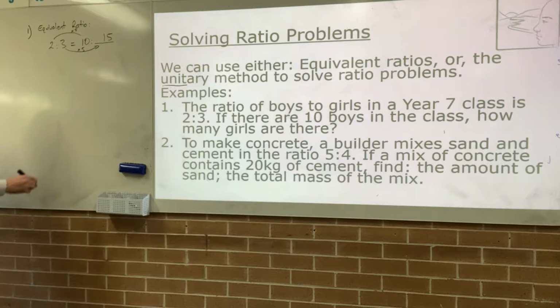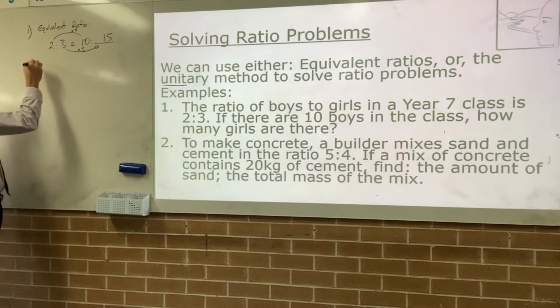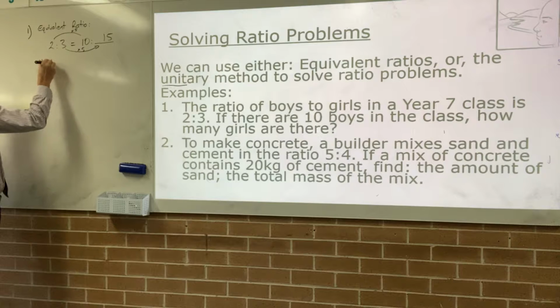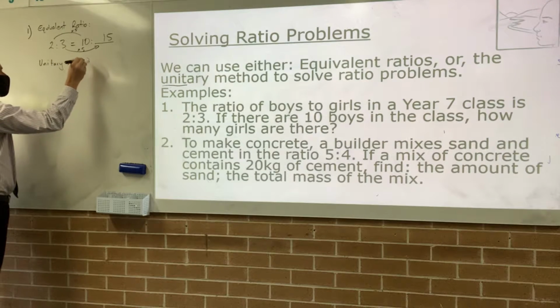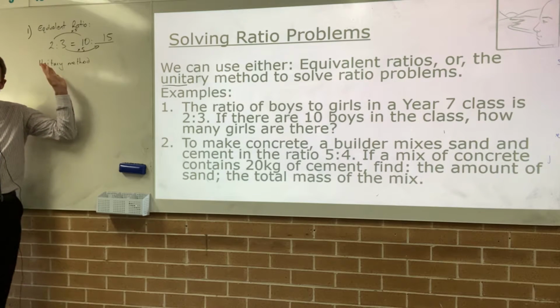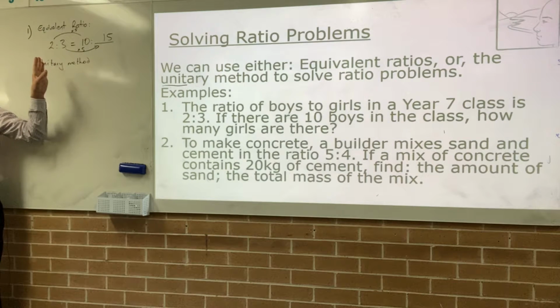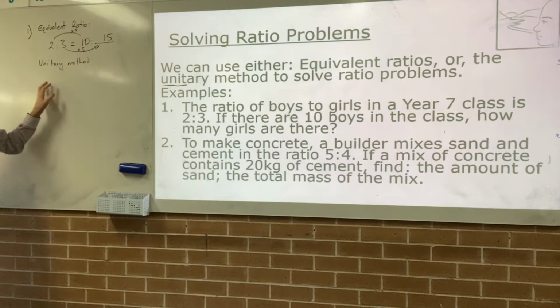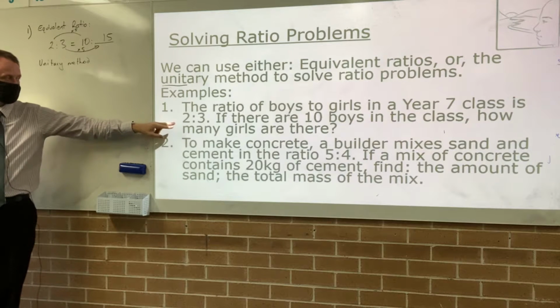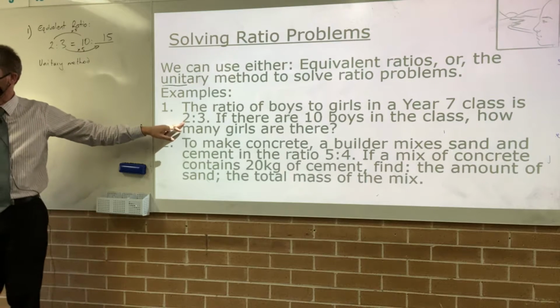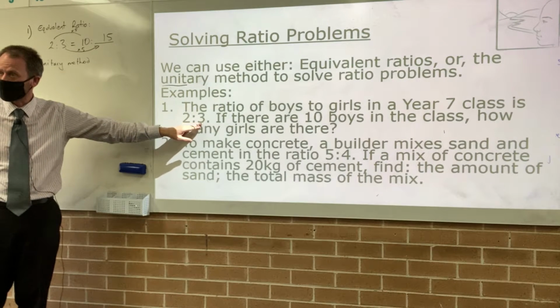But before I do, if I was to use unitary method, and this is a good one, I think, to understand because you can only go so far with equivalent ratios. I often find this is the method I need to use. What I need to do is find out what 1 unit is worth. 2 is 2 units, 3 is 3 units.